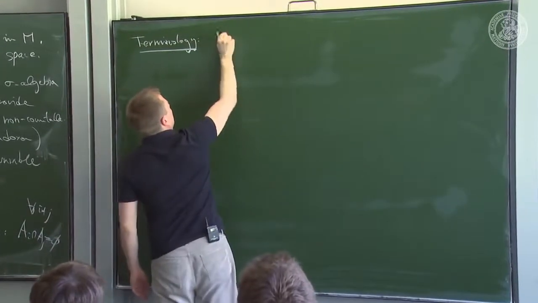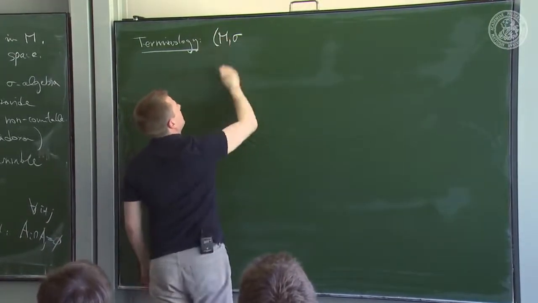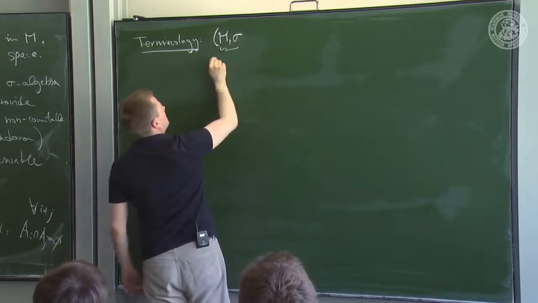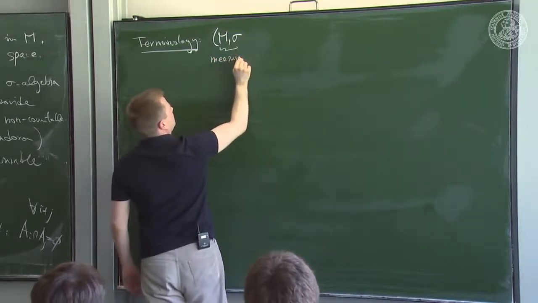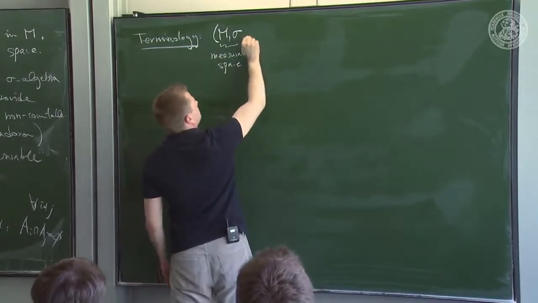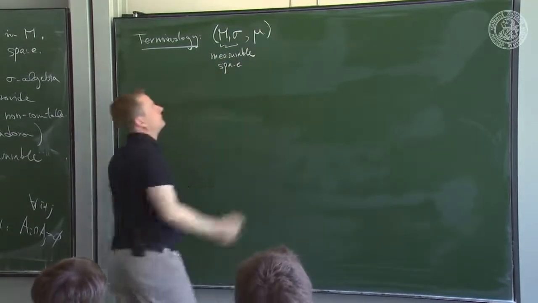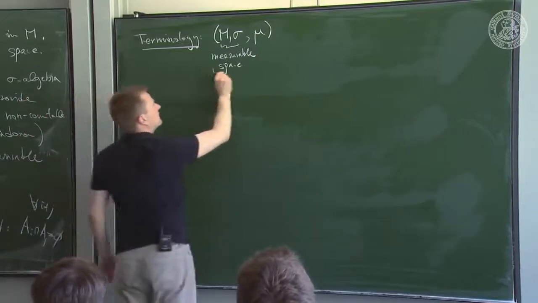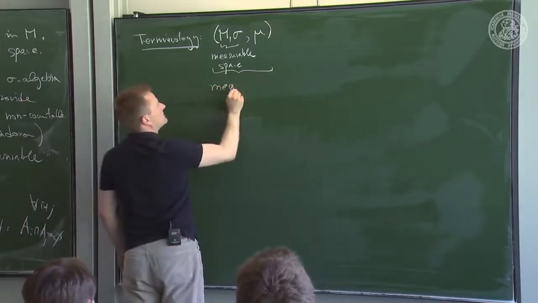The triple of a measurable space together with a measure is called a measure space.